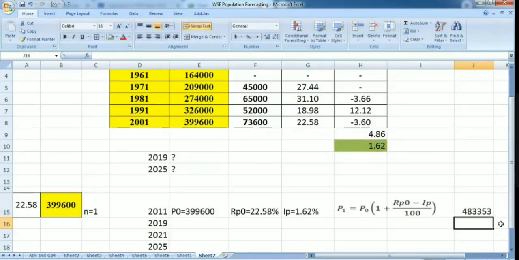I'll be getting the value as 4,83,353. Have you got the same value there? Yes, sir.